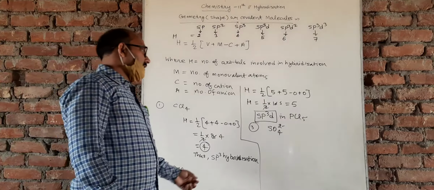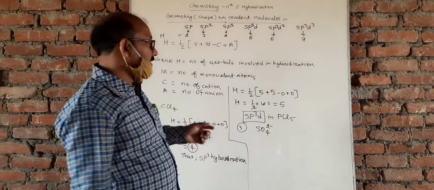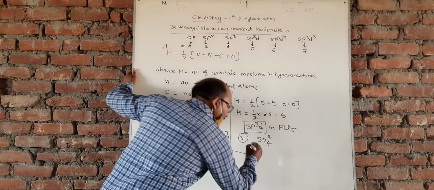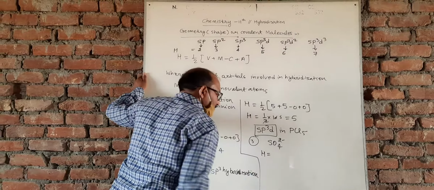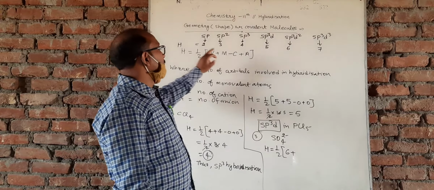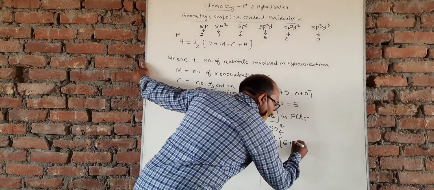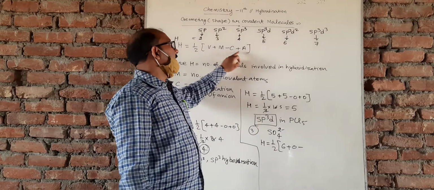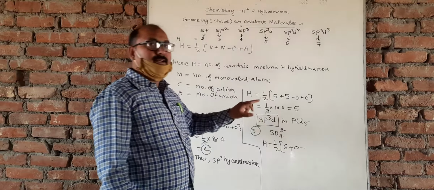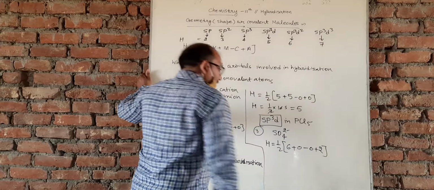Sulfur is the central atom, surrounded by 4 oxygen atoms. H equals 1 by 2, and sulfur has 6 valence electrons, so V equals 6. Oxygen is divalent, not monovalent, and we take only monovalent atoms, so M is 0. The cation is 0 and the anion is 2.